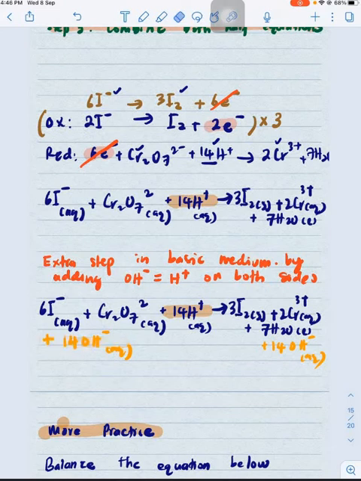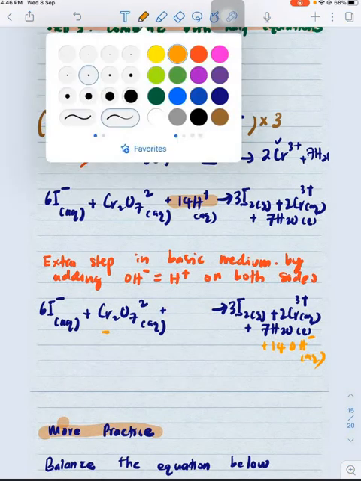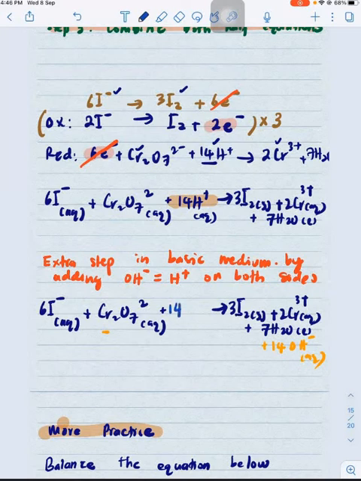H2O. Dia akan jadi H2O. Makanya kat sini dia akan jadi 14 mole of water. Okay, faham tak step ni? 14 mole of H plus bergabung dengan 14 mole of OH minus menjadi 14 mole of H2O. Is that clear?